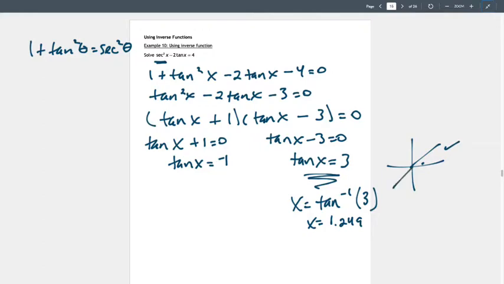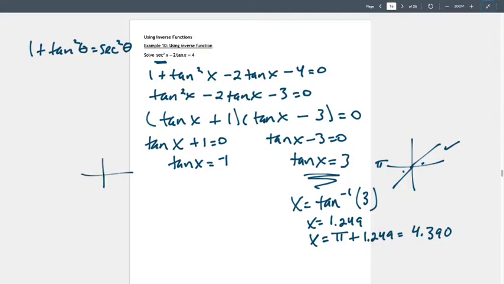You've also got to get the one that's in the third quadrant, but it's going to have that same reference angle. It's just going to be past pi. So to get the one in the third quadrant, I'll do pi plus 1.249. When I add that, I get 4.390 if I truncate it. So those would be the two answers for when tangent of x equals 3.